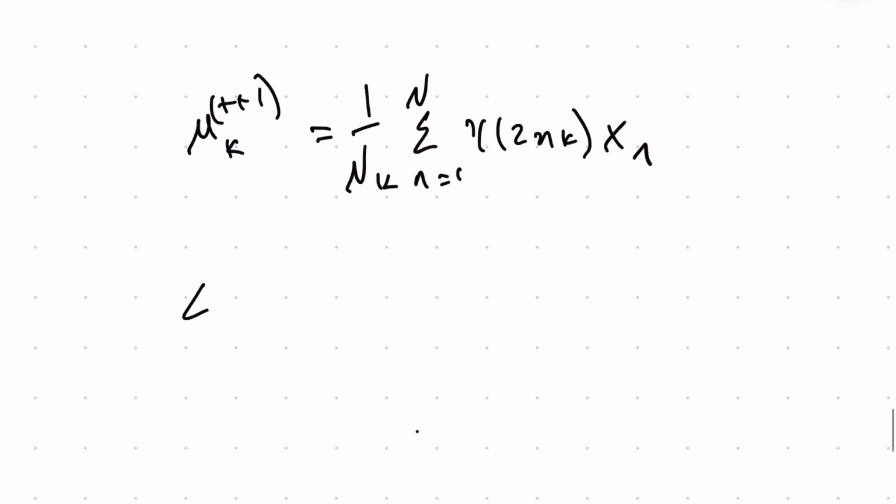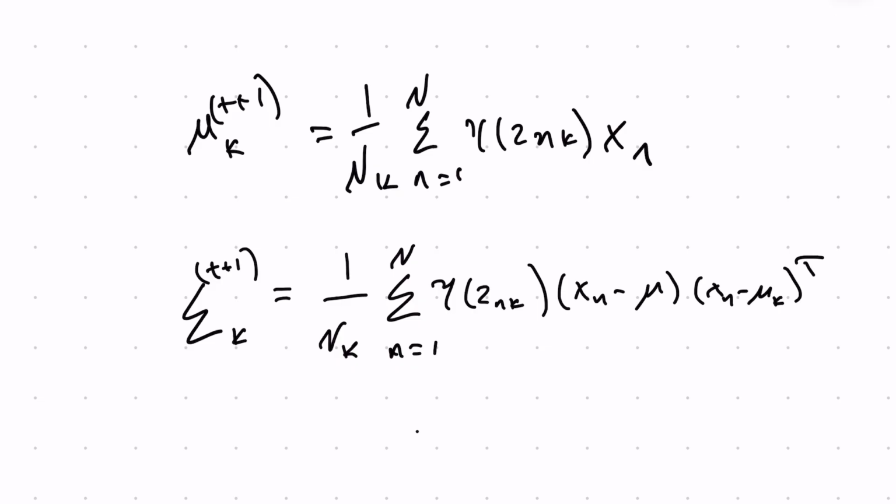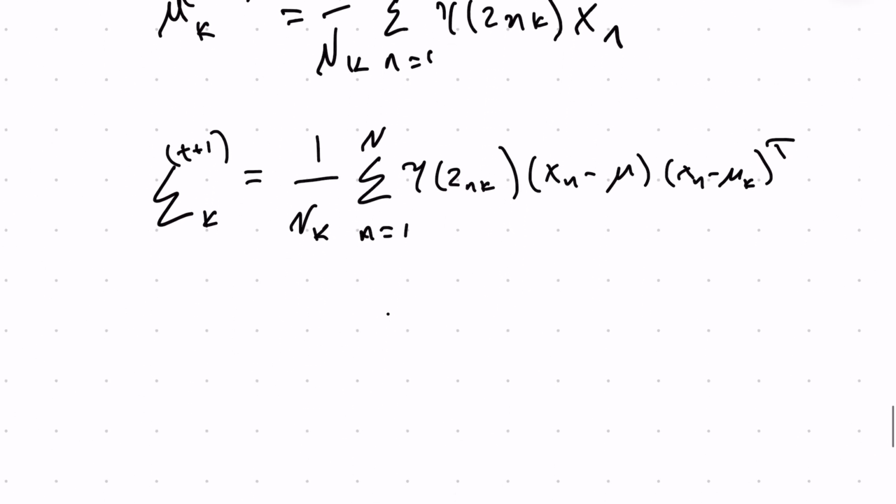And so it's the same thing for the covariance. You just stick in this new term because you're weighting it by the new information that you have. Okay, so that's the mean and variance. So the only thing you have new is this. You just put that in there.